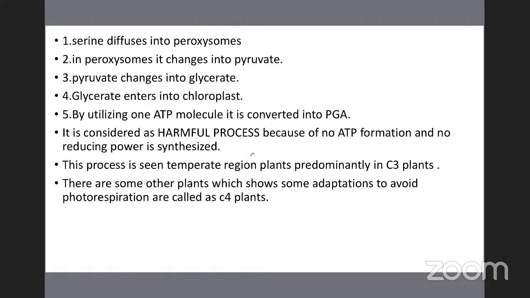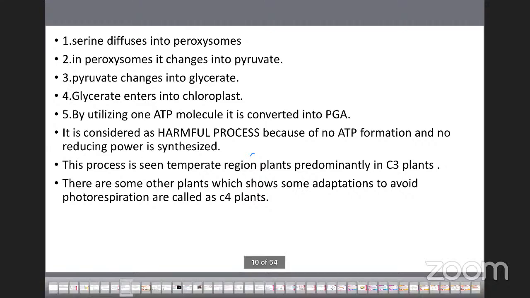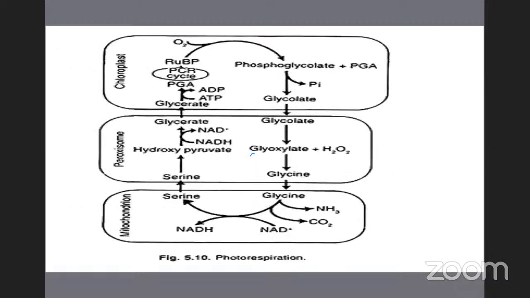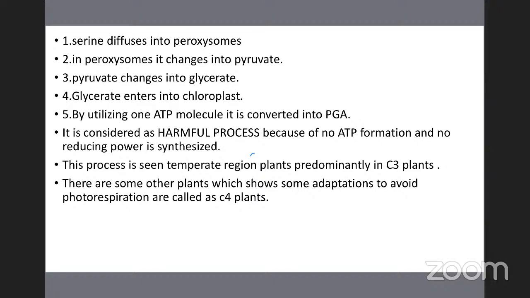That means in the C3 cycle, the energy count is 18 ATP and 12 NADPH. But in photorespiration, there is no synthesis of ATP, and no reducing power is synthesized.